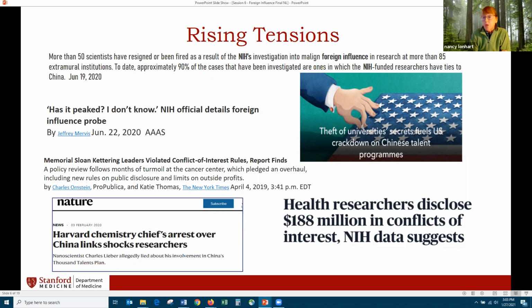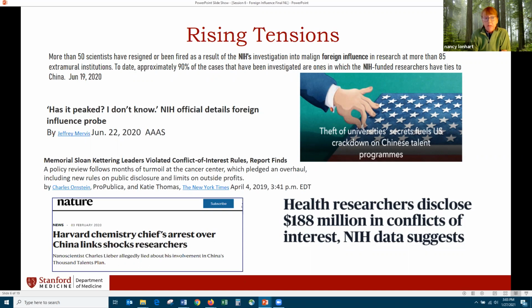But there are situations where it crosses over the bounds and it does become what we call malign foreign influence. And so since 2020, scientists have resigned or have actually been fired. And since 2020, greater than 90% of those that were investigated had researchers who were tied to these 1,000 Talents program.